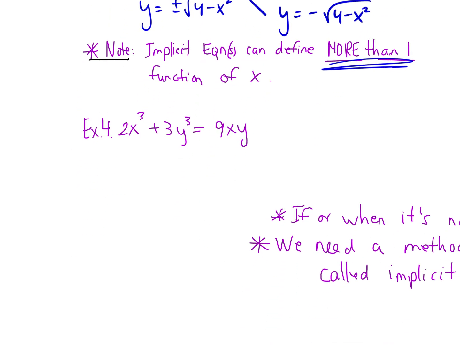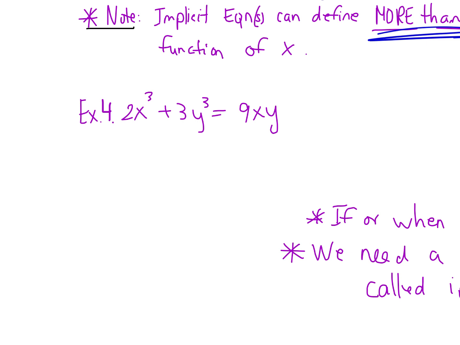Let's try example 4 to get y all by itself here. Let's put all of our y's on one side. So I have 3y cubed minus 9xy is equal to, I'm going to subtract that 2x cubed to the other side. So now I can take out my GCF of a y.